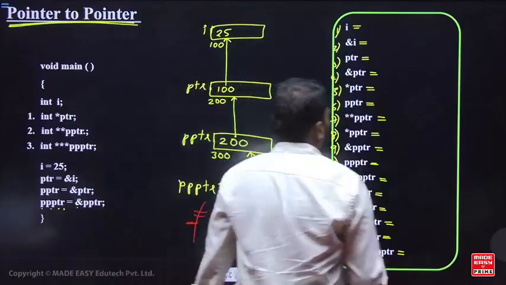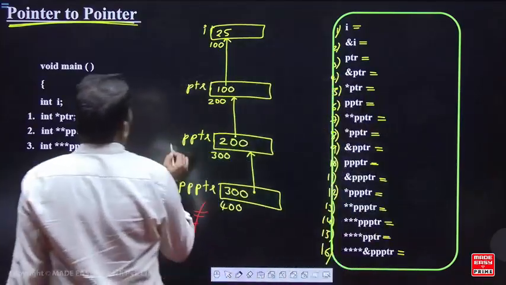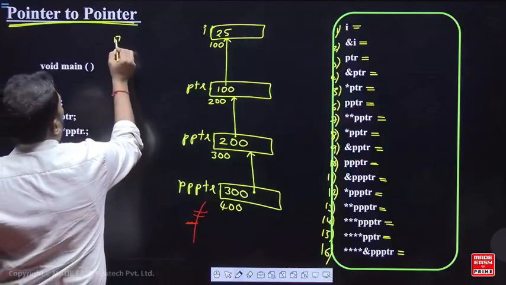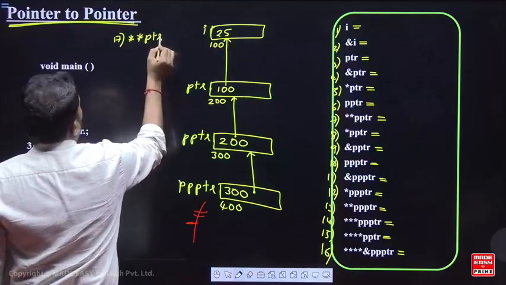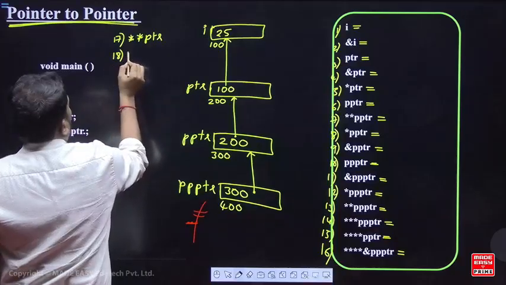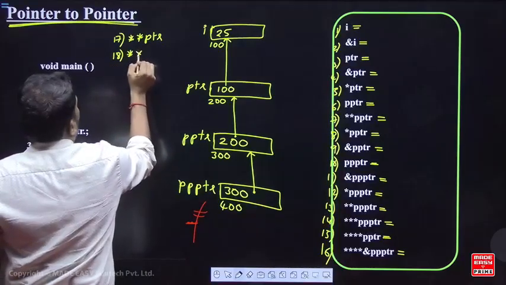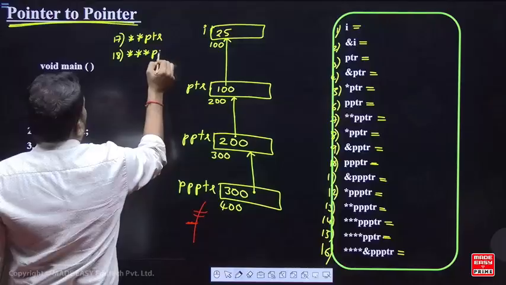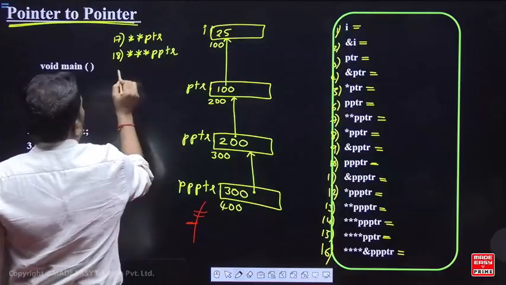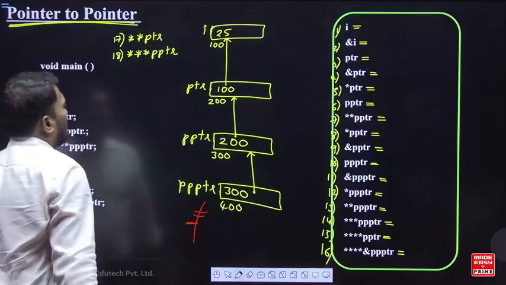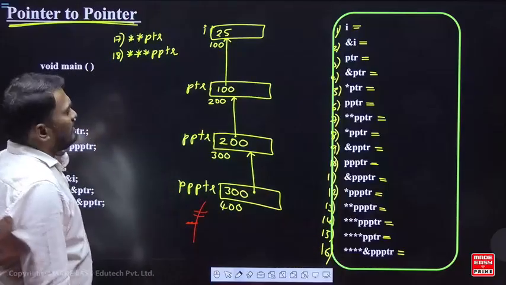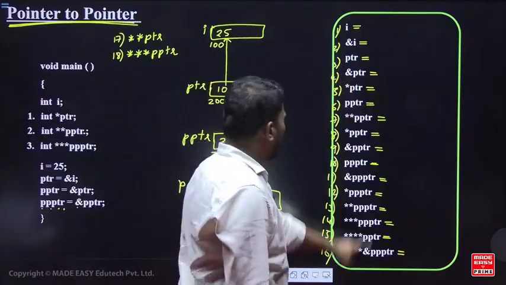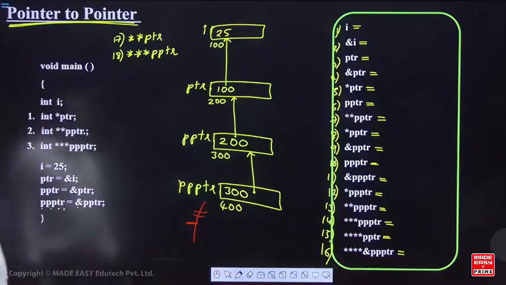I will also give 17: double star PTR, 18: triple star PPTR. You copy this also. So this is number 16, up to 17 and 18. So just fill this.